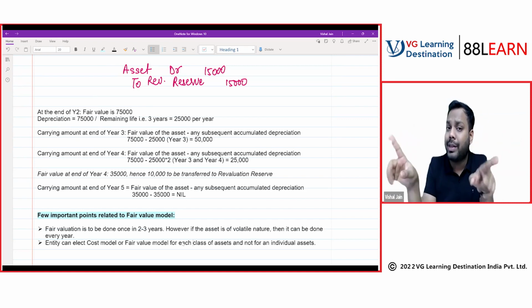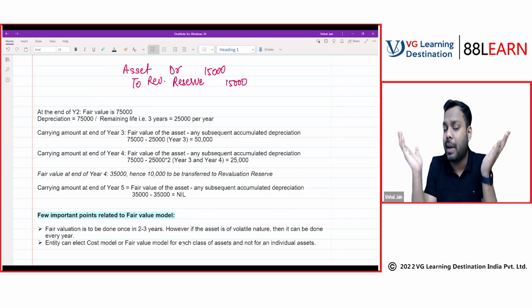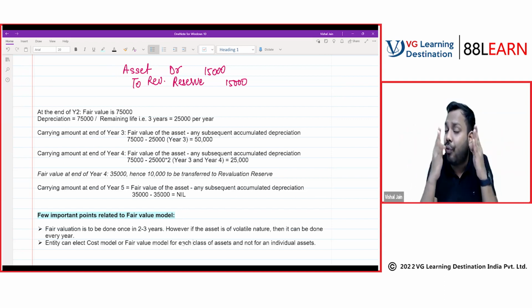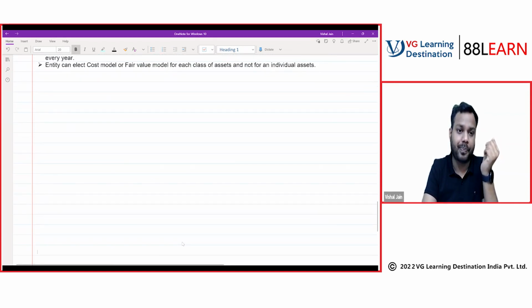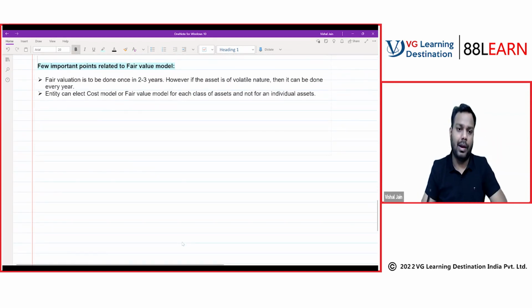So for all 3 classes, 3 different models can be used. But in one class, different assets will have the same model. So I explain to my students like this. Okay, let's suppose.